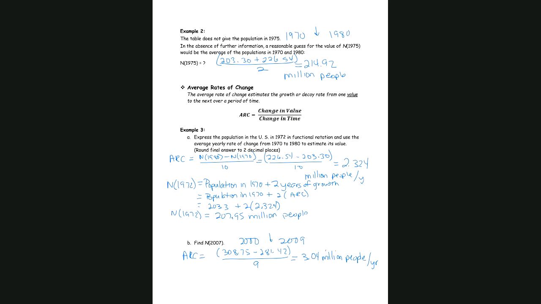We're going to use this number to calculate 2007, which is 7 years after 2000. So we write the population in 2000, 281.42, plus 7 times our average rate of change, to give us 302.7 million people.